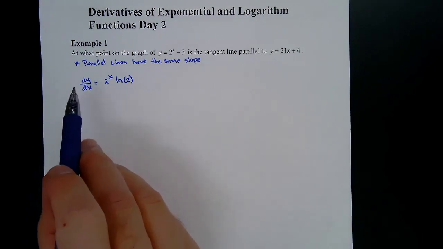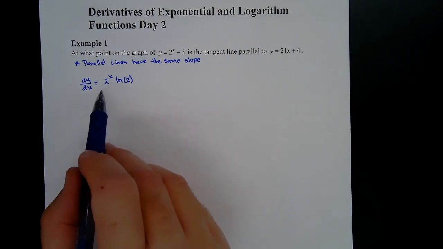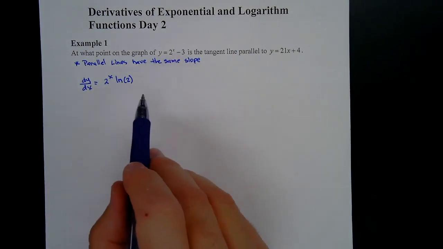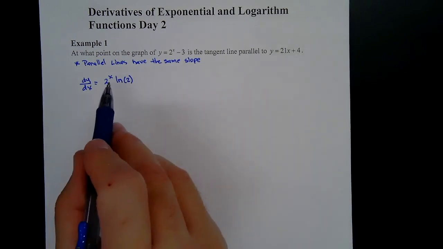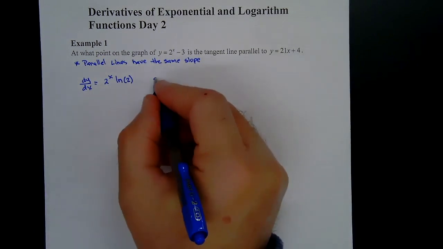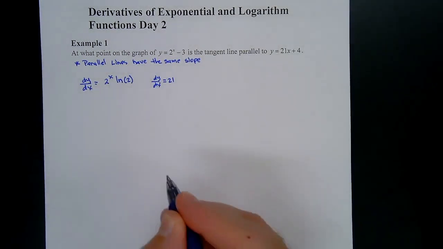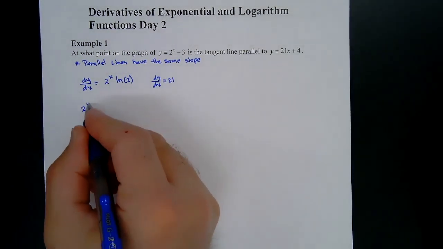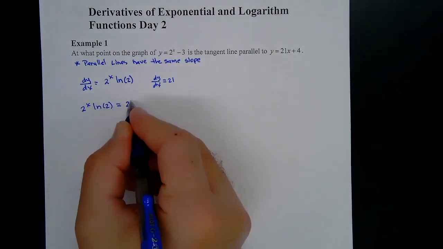That's the slope at any point on this curve. Well, we want our line to be parallel to this one, so we want this dy over dx to equal 21. So that means 2 to the x times the natural log of 2 is equal to 21.